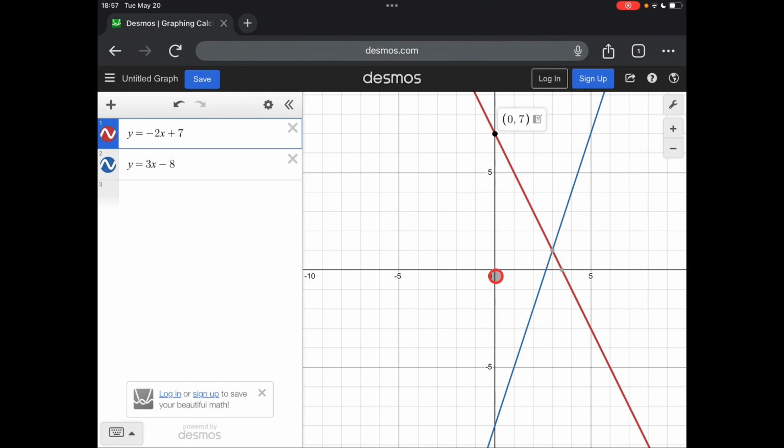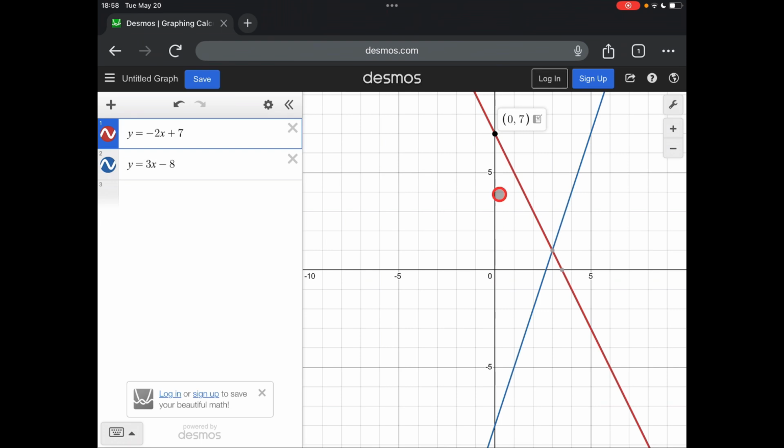So like every time you increase by 1 on the x-axis, your y value should change by your slope in your equation. So basically, with this equation, every time x increases by 1, y should decrease by 2.